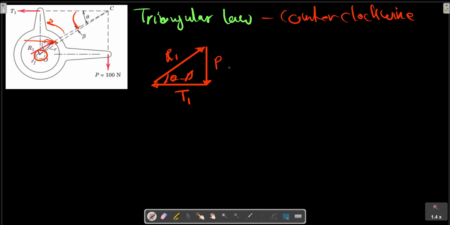T1 can be calculated from this relation.